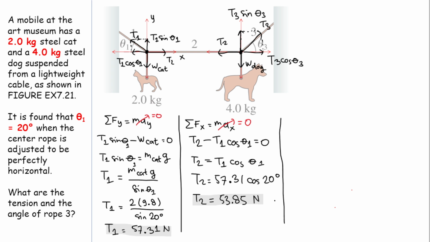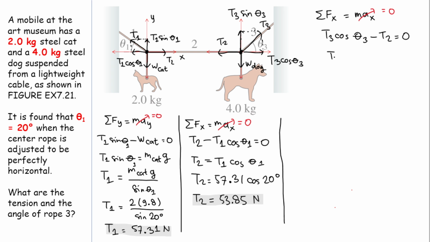So let's do that. We will have sigma F in the x direction for the dog, and that will equal the mass times acceleration also in the x direction. On the right hand side we will have 0 because it is stationary. And then for the positive side we will have T3 cosine of theta 3, and then minus T2, and that will equal 0.